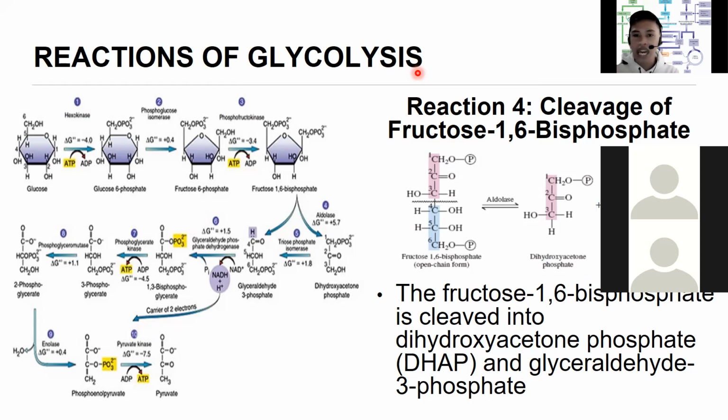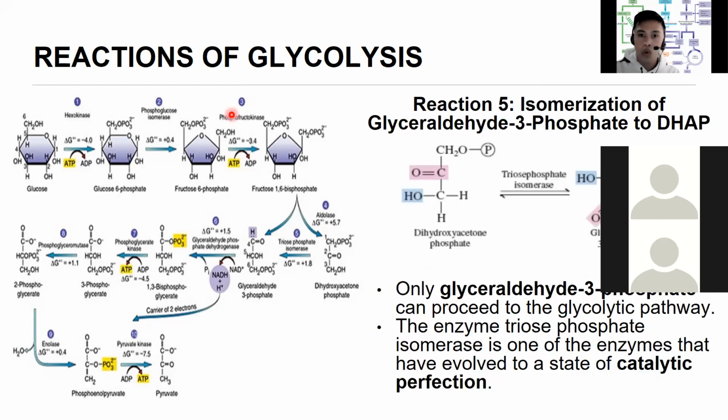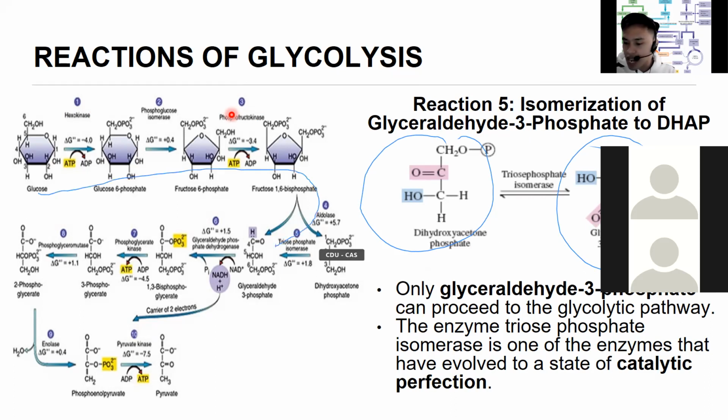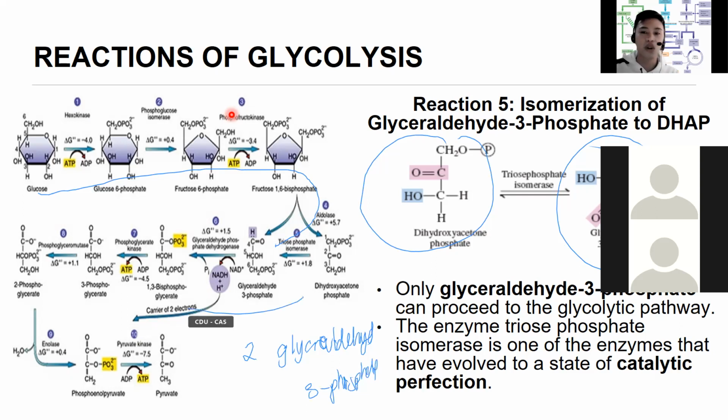Therefore, step 5 would need to convert dihydroxyacetone to another glyceraldehyde 3-phosphate. So in the end of stage 5, it's as if there are 2 glyceraldehyde 3-phosphate that continue the glycolytic pathway.